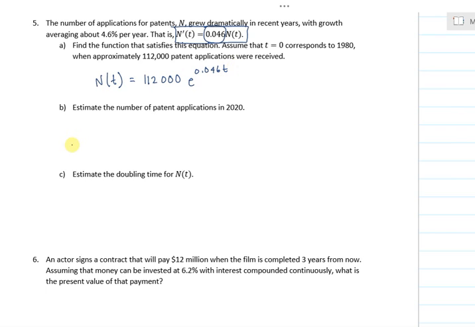Okay, so in 2020, we need to subtract 1980 to get the number of years since.